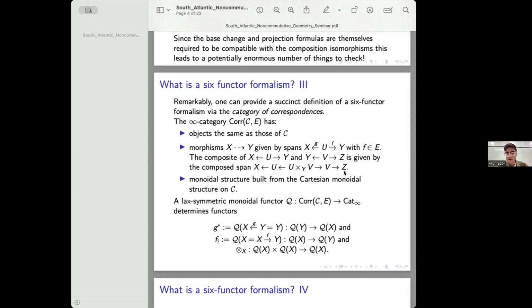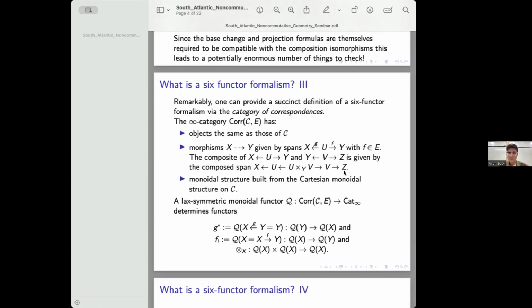This category of correspondences is also a monoidal category with respect to a monoidal structure which is inherited from the Cartesian monoidal structure on C. So this is roughly an explanation of what Cor(C, E) is. An important thing to note is that even if C is itself a one-category, this construction is generally speaking an actual infinity category. So in some way it necessitates the introduction of higher category theory.